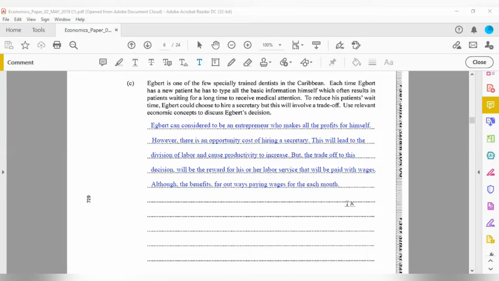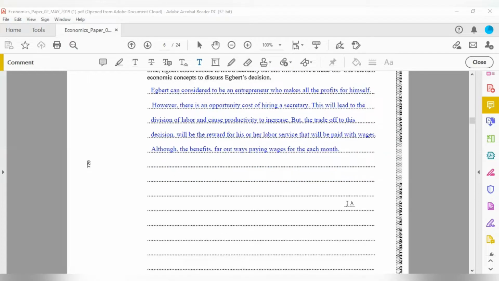Egbert can be considered an entrepreneur who makes all profits for himself. However, there's an opportunity cost of hiring a secretary, which will lead to the division of labor and cause productivity to increase. But a trade-off to this decision will be the reward for his or her labor service that will be paid with wages, although the benefits far outweigh paying wages each month.